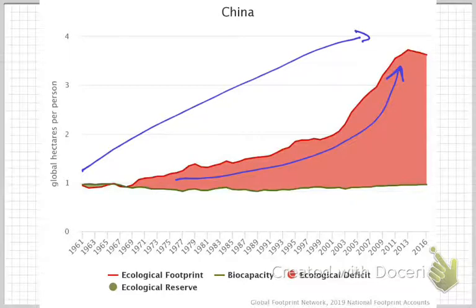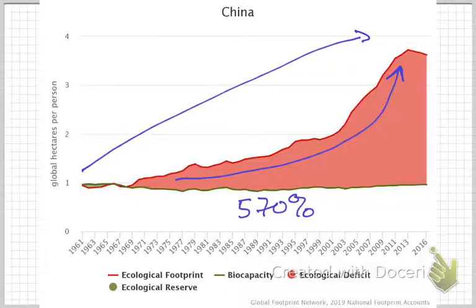And when you combine an increasing footprint per person and an increasing number of people, then your overall footprint is going to go up very rapidly. And so the ecological footprint of China has actually gone up 570% from about the 1950s, much faster than just the population growth.